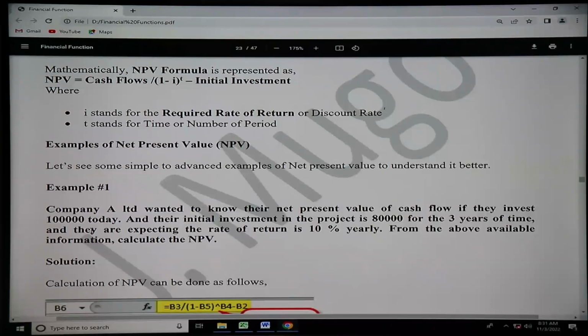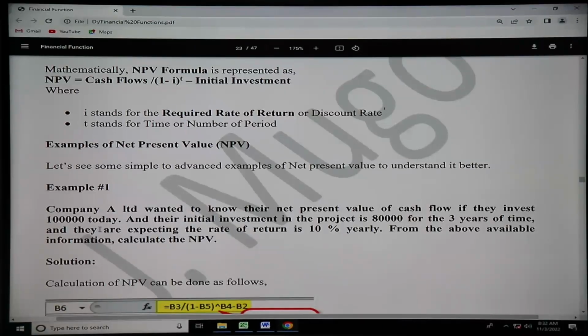Their initial investment in the project is 80,000 for a period of 3 years. And they are expecting the rate of return to be 10% yearly.